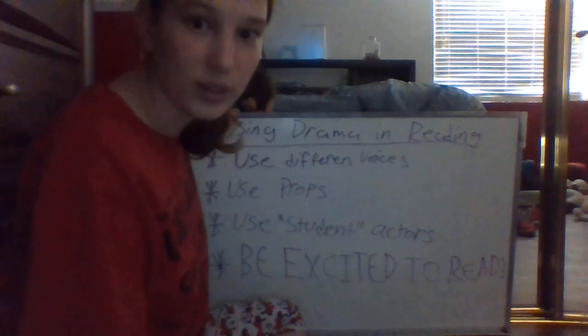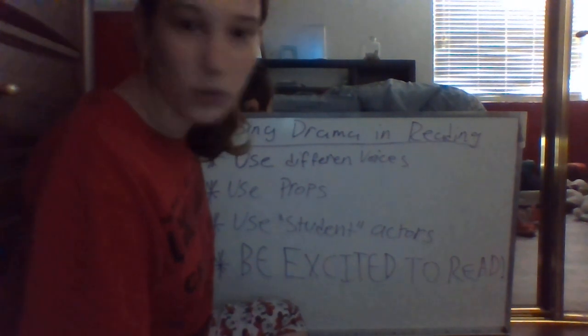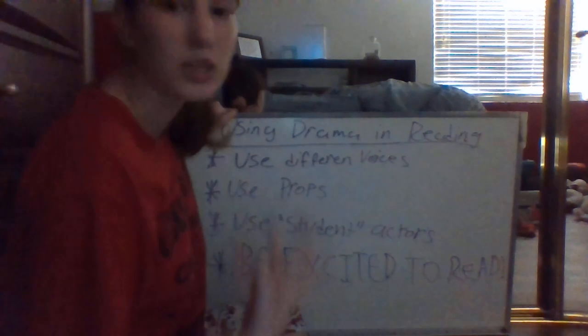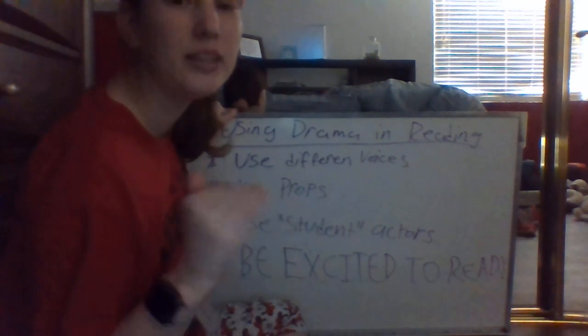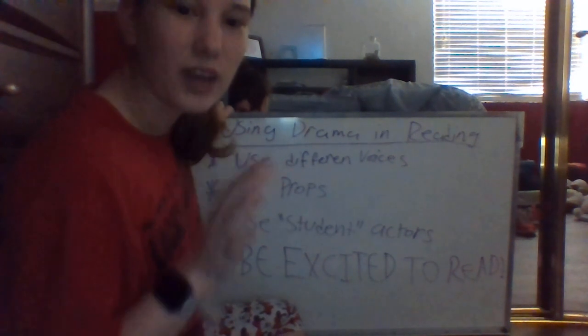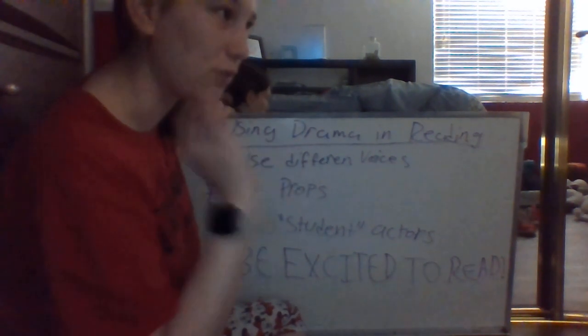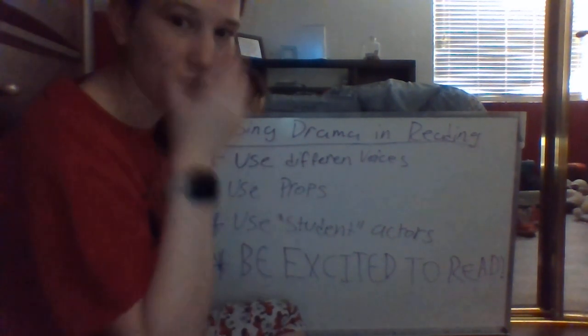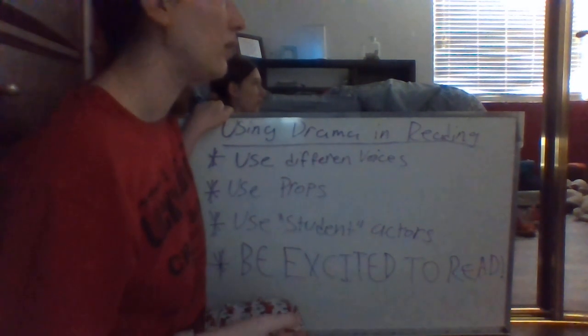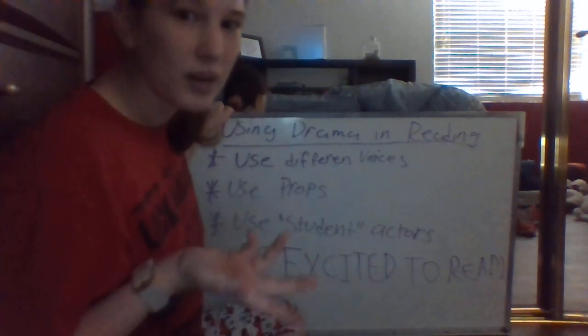He works hard every day. While if you were the queen bee, or if you decided to read for the queen bee, you are more majestic. You would have an English accent, you're prim, you're proper. So you kind of use the different voices to differentiate between the different characters. And you can even do this in other books, like Brown Bear.